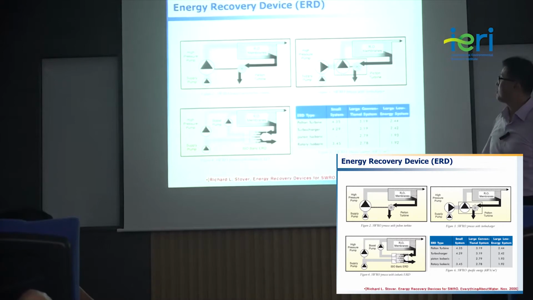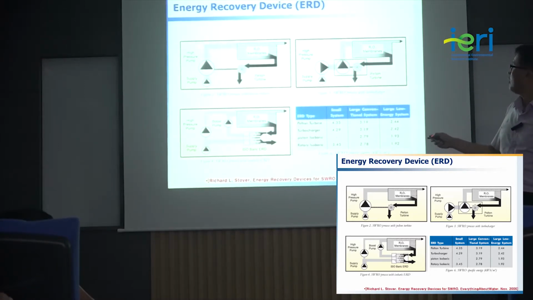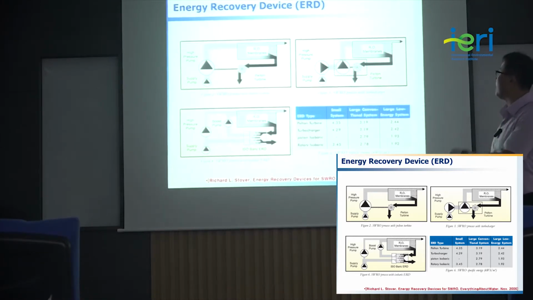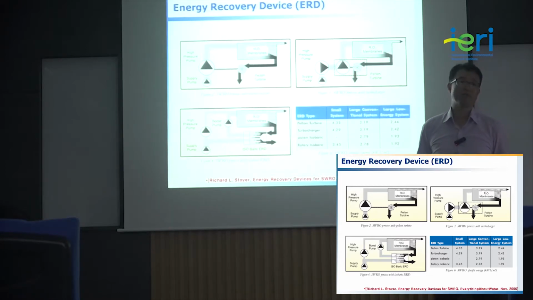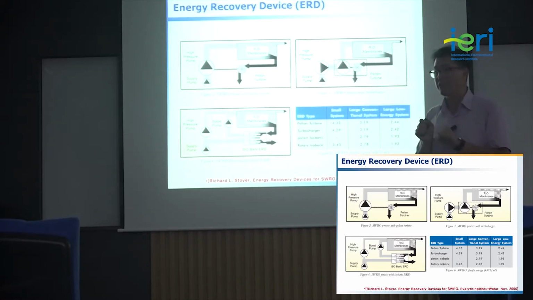And now let's talk about the energy recovery device. Since the pressure needed for seawater filtration is very high, usually more than 50 bars, and the usual recovery rate for seawater desalination is about 50%, that means if you take 100 of seawater, you can make 50 of fresh water and 50 of concentrate.